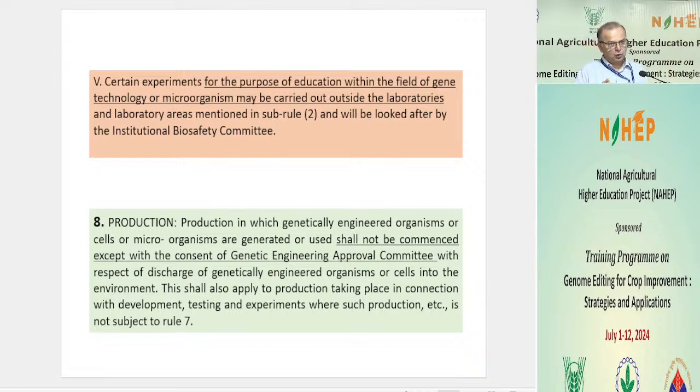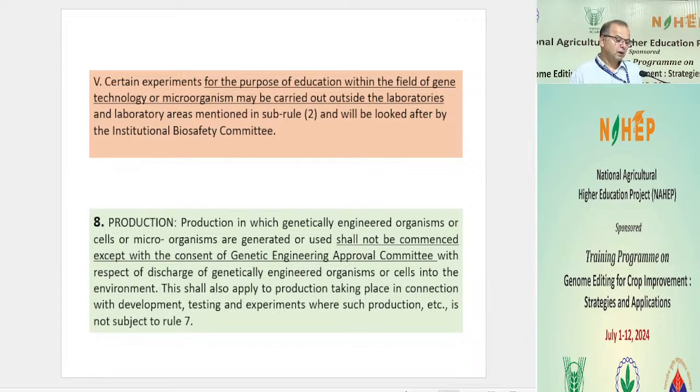So in the laboratory and also in some annexes, associated infrastructure facilities, whether GMOs can be taken there and grown there, permission will be given by the institutional biosafety committee. They will consider all different aspects and give you permission, and once permission is given, then only you are allowed to do that.